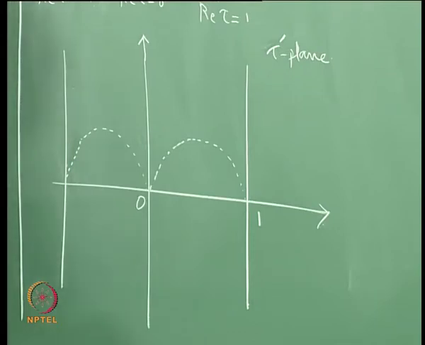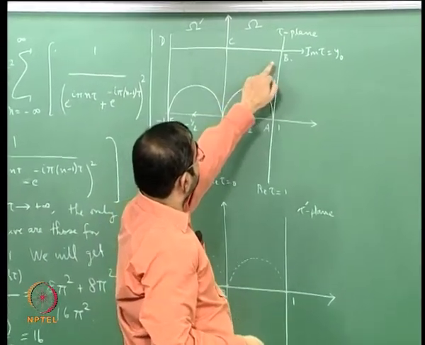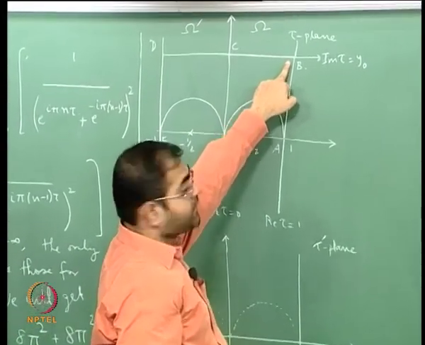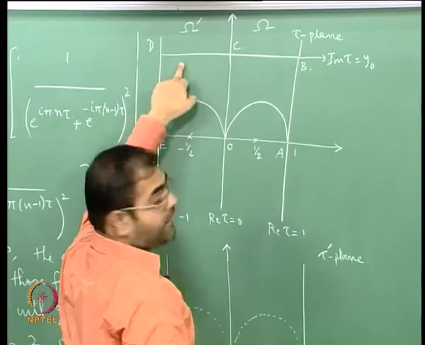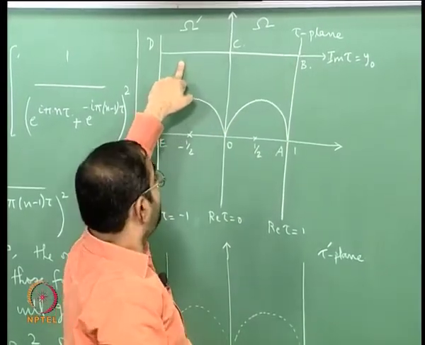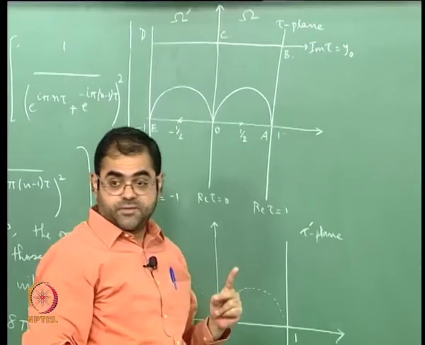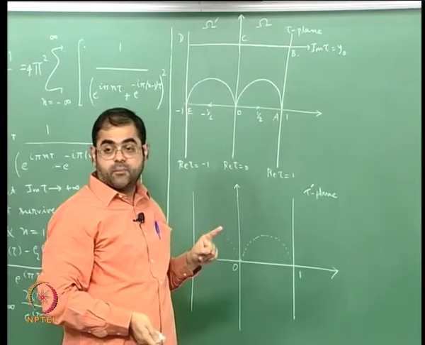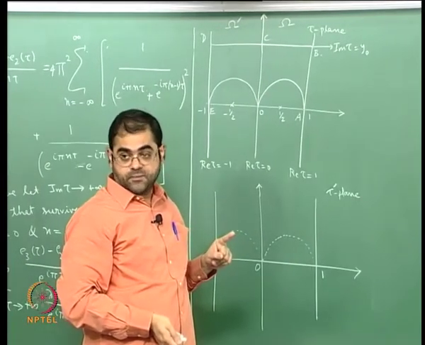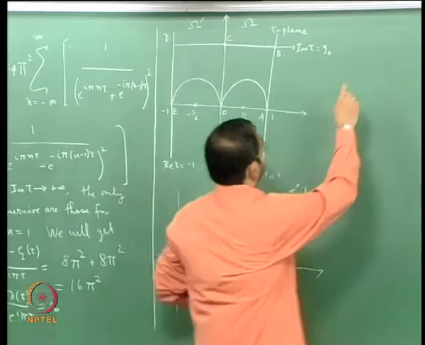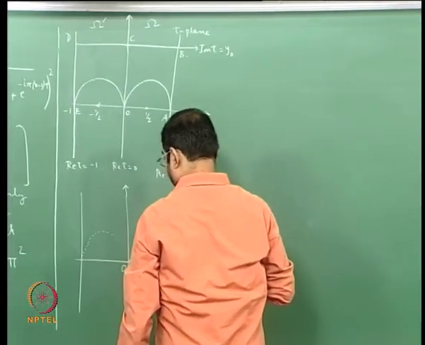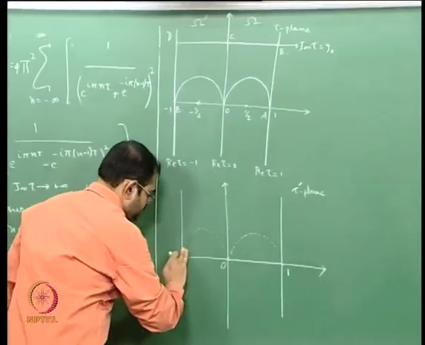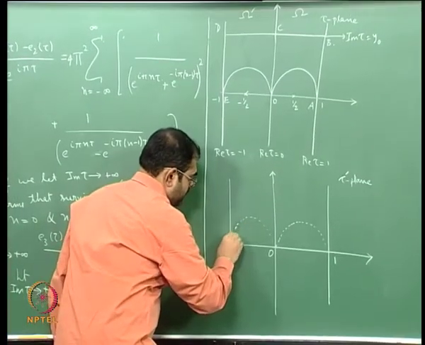Okay, and I want to look at what is the image of this line, under two transformations, which are tau going to -1 by tau and tau going to -1 by tau plus 1, alright. So this will involve a little bit of computation.